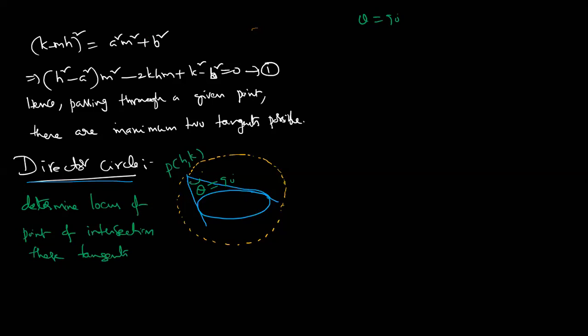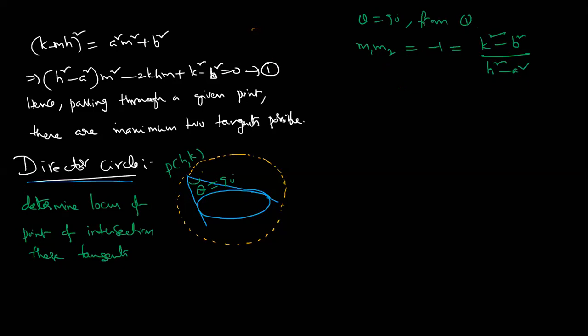Yeah, let me see. Now, theta is equal to 90 degrees, what is the meaning, dear students, from equation 1? From 1, m1 m2 is equal to -1. The product of their slopes is -1. But the product of the roots is given as k square minus b square by h square minus a square.